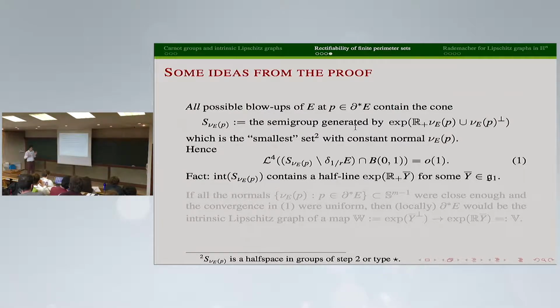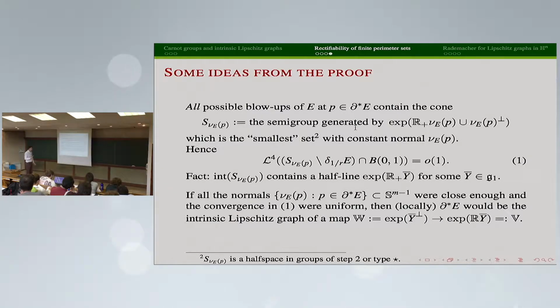So usually when I imagine this set, I'm allowed to travel along the positive direction nu, and then along orthogonal directions. So I would imagine the cone to be an open neighborhood of this horizontal normal. Actually not. The horizontal normal might stay on the boundary of this set. Nonetheless, our assumption allows us to say that some other horizontal direction, y bar, is contained in the set.